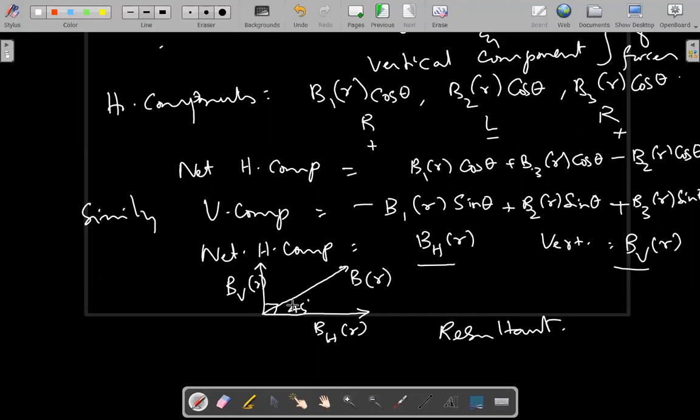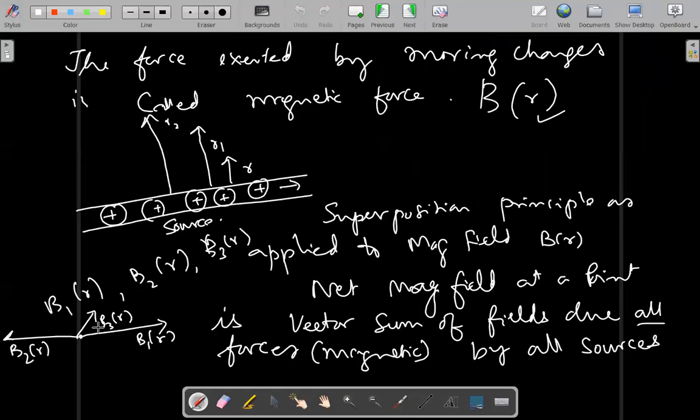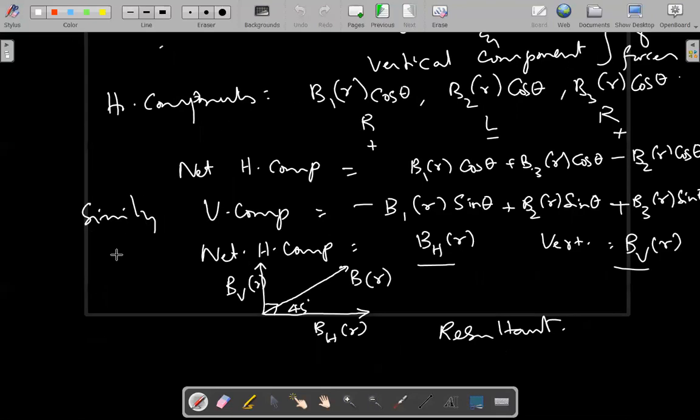So this is what he meant in the previous part. If you have three forces acting at one point, then you need to find the resultant. At a particular point, the resultant can be like this, or like that, at any angle.